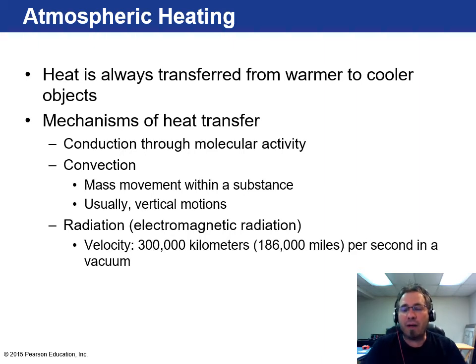The other one is convection, where you have sort of rotating heat generated going up and then back around and up and back around. And then you have radiation, usually electromagnetic radiation from the sun itself, which is traveling at the speed of light, or 186,000 miles per second. Very quick. That's why it takes about 8 minutes for the sunlight to reach Earth.